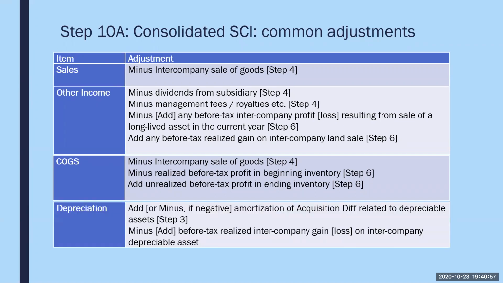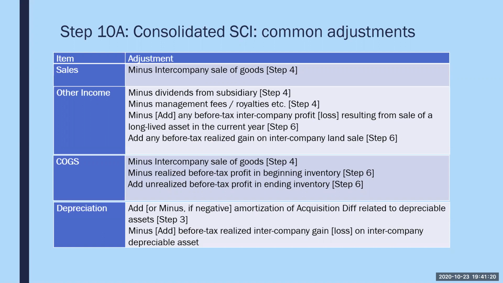Then to depreciation expense, you will add the amortization of acquisition differential if that was a debit adjustment, or subtract if it were a credit adjustment. And that comes from step 3. That should relate to depreciable assets, not land or anything else.